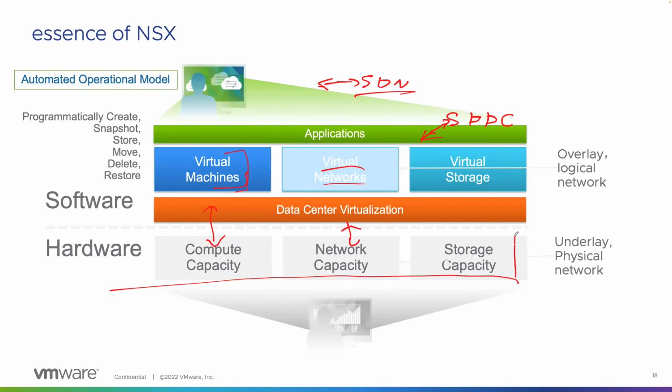The same thing, we have vSAN here, so we simulate virtual storage by using vSAN. Now here we have NSX. NSX can be used to simulate the virtual network on top of the physical network components. For example, I'll give you the example in a bit.